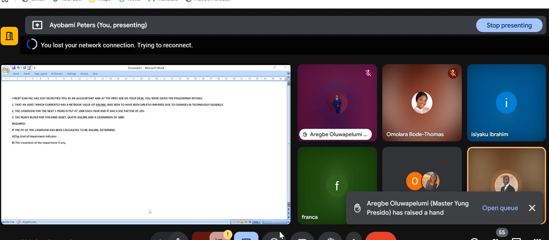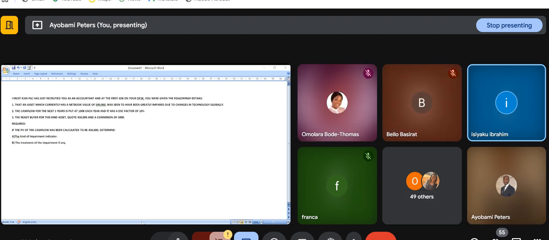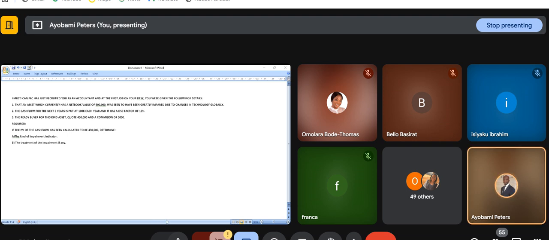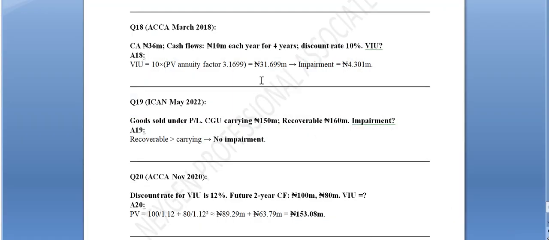Okay. So what is the accounting treatment? Anybody can help us? Mute your mic. What's the accounting treatment, please? You debit 50,000 and you credit the asset with 50,000 because that's the impairment loss. Okay. Credit what? What are we to credit?